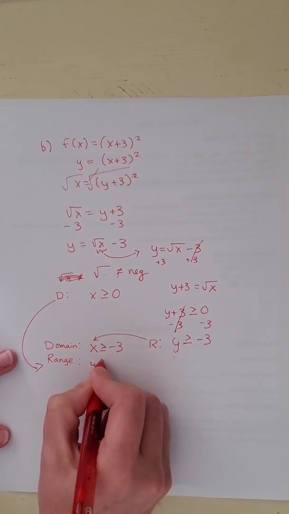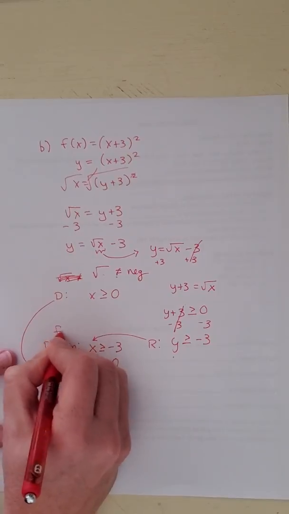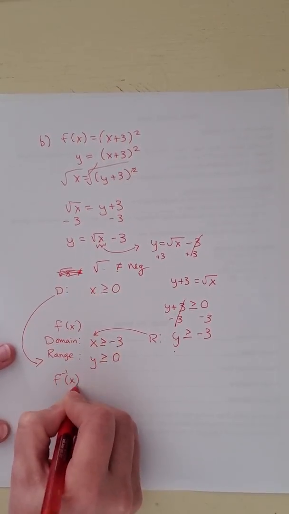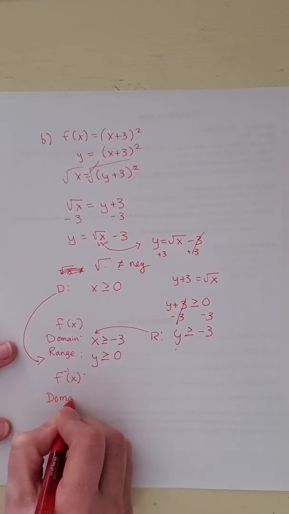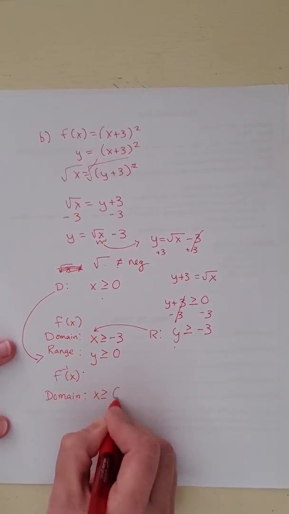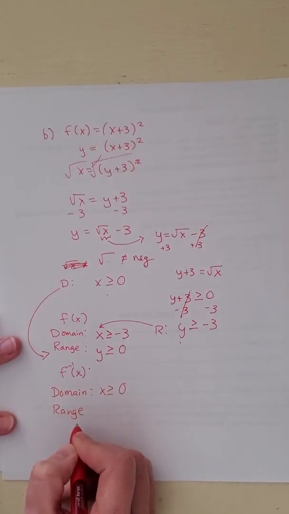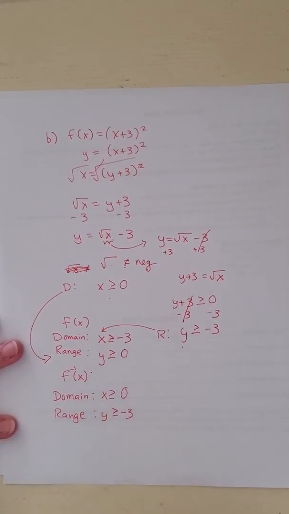And y has to be greater than or equal to 0. That's for f of x. And for f inverse of x, my domain is that x has to be greater than or equal to 0, and my range is that y has to be greater than or equal to negative 3.